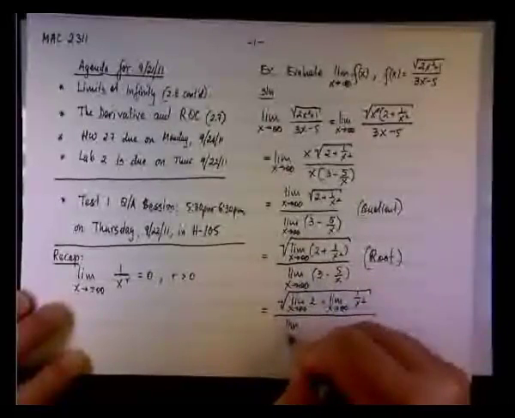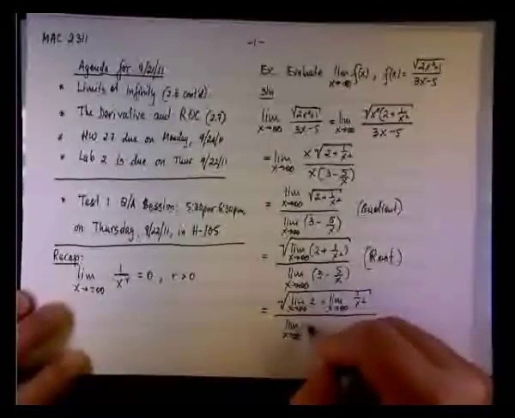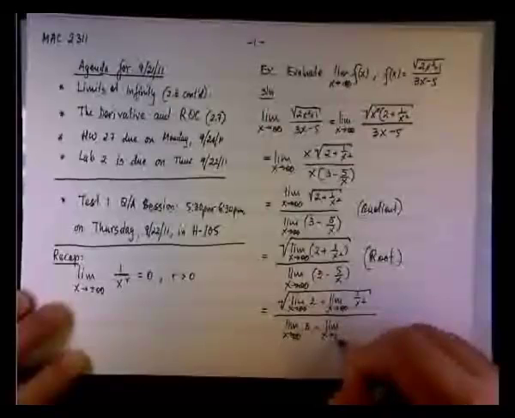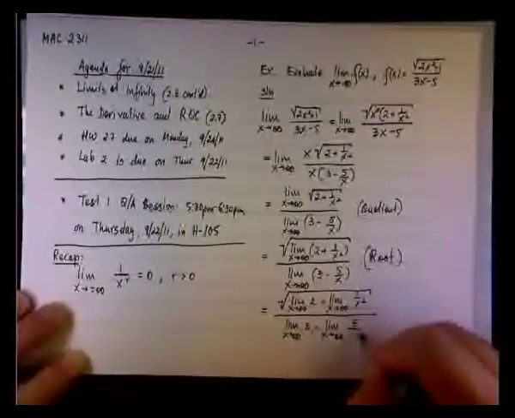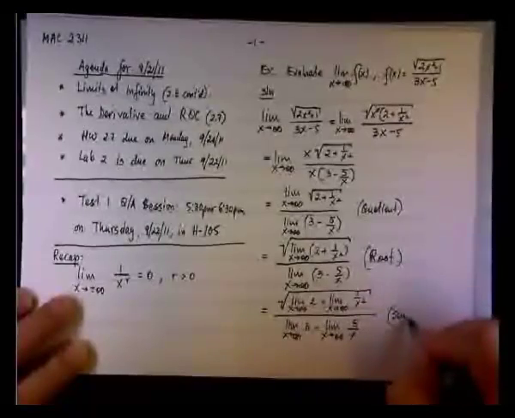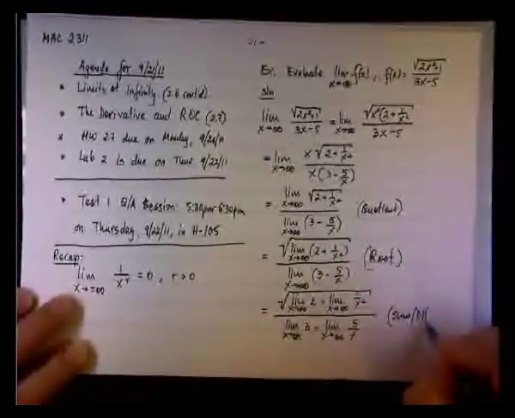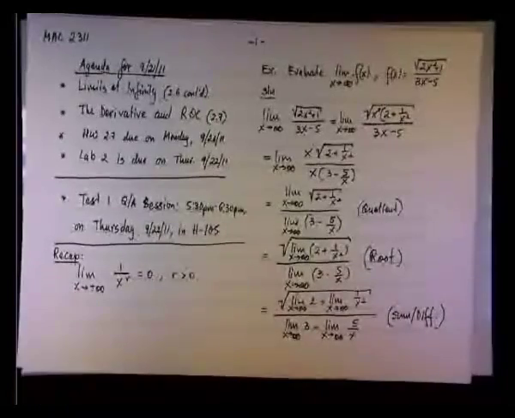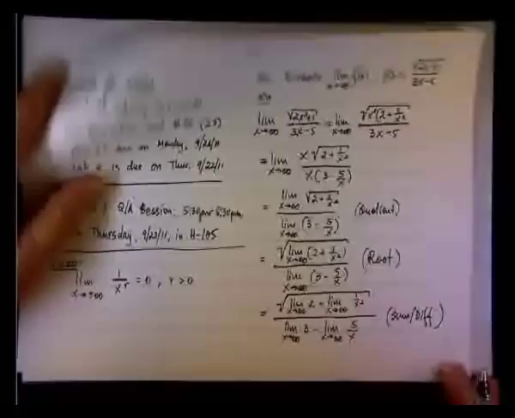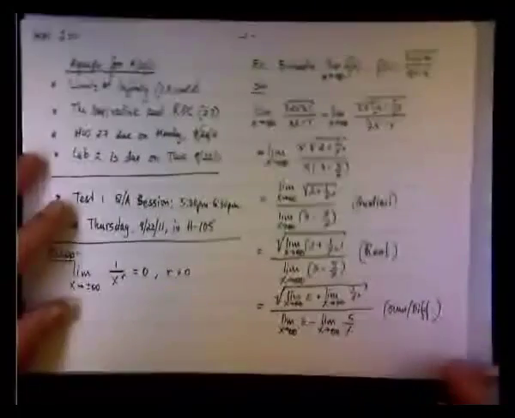So it will be the limit as x approaches infinity of 3 minus the limit as x approaches infinity of 5 over x, like so. So here we use the sum slash difference rule. Okay? Now we can use the substitution.